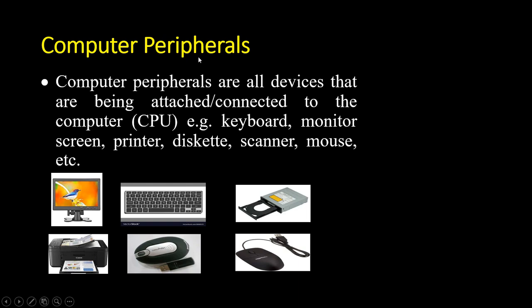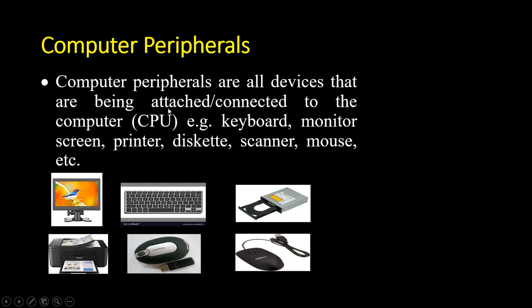When we describe peripherals as something that is not very important in a computer, we don't mean something that is not important, but we mean devices that are not in the central processing unit. They are not really working in that processing. They are out of processing. Their work is simply to enter information or data for processing or receiving.